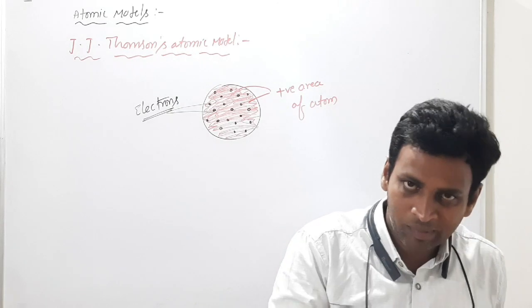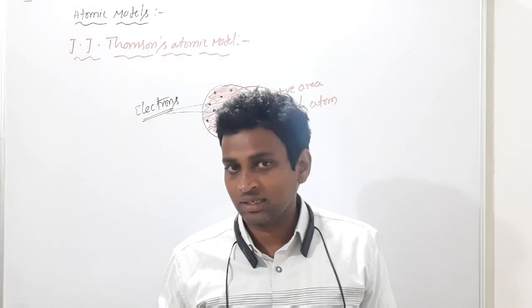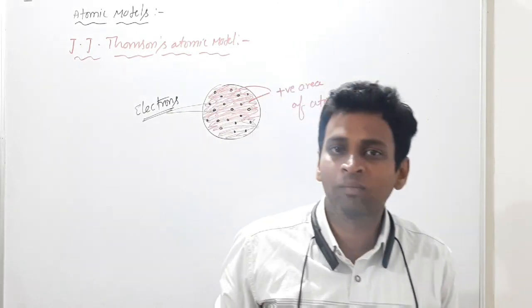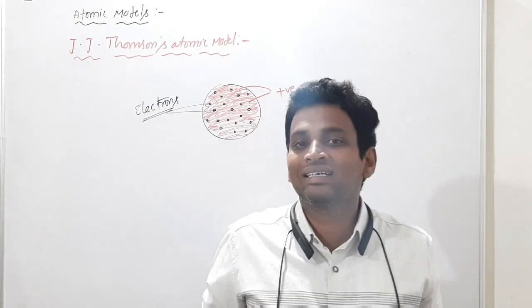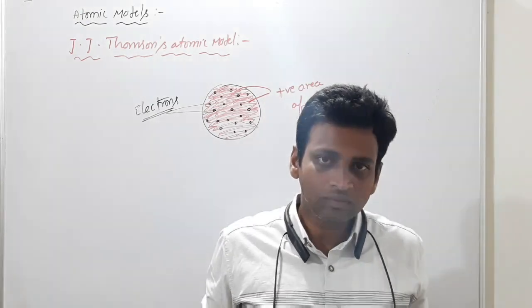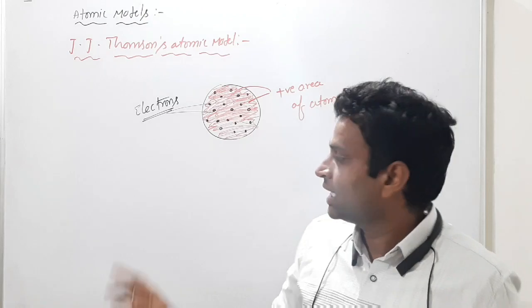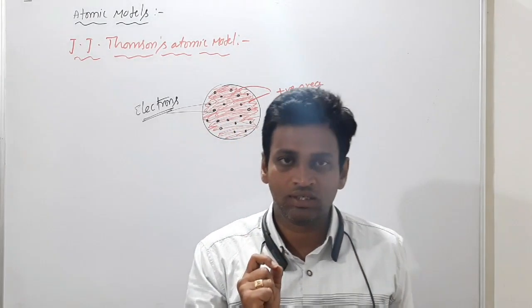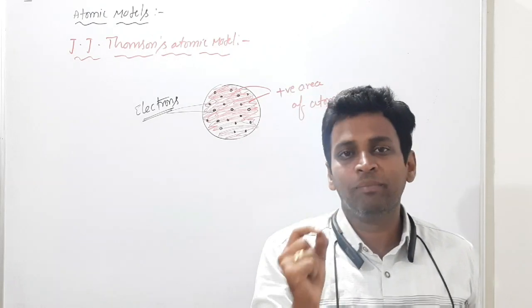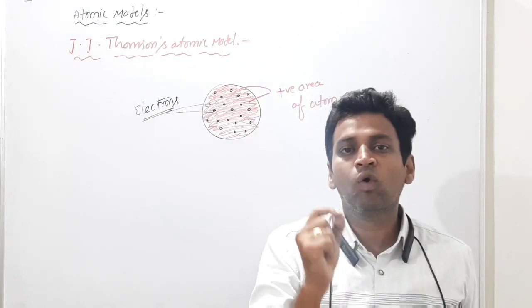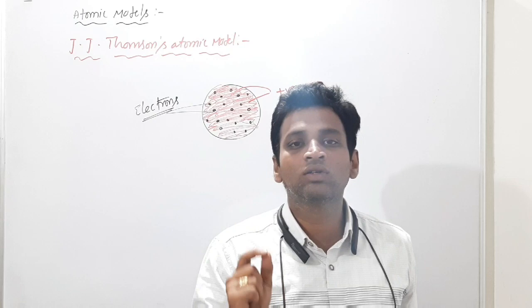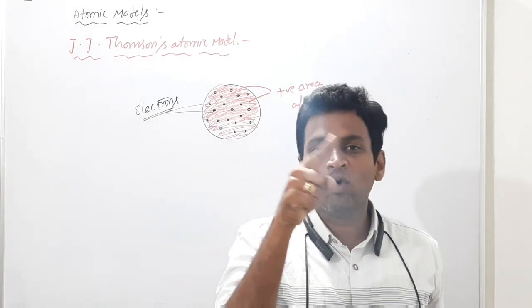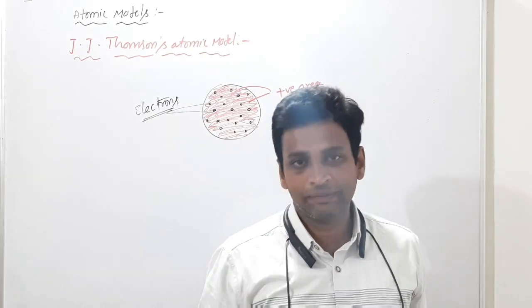How many electrons are present, how many protons are present, whether the number of protons equals the number of electrons or not, he did not explain that. But he gave one small piece of information first: as seeds are embedded in watermelon fruit, electrons are also embedded in the positive area of the atom.